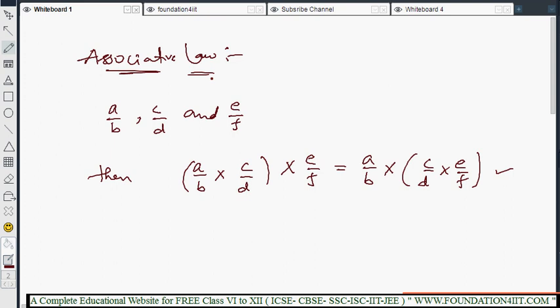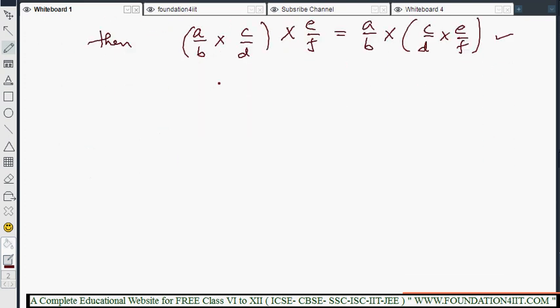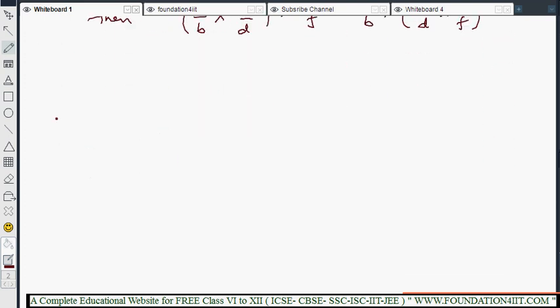In multiplication, the existence of multiplicative identity and multiplicative inverse. Let us see some points. Existence of multiplicative identity.